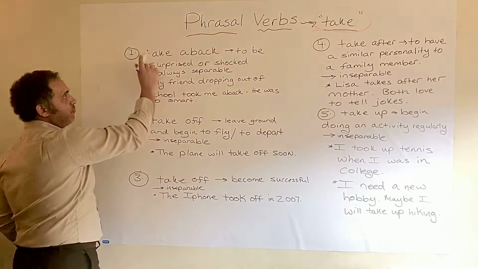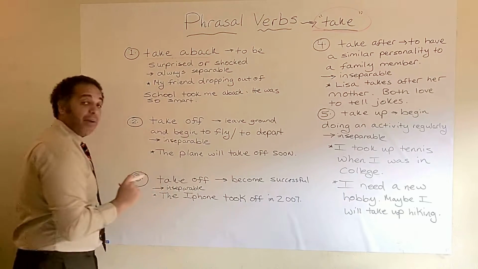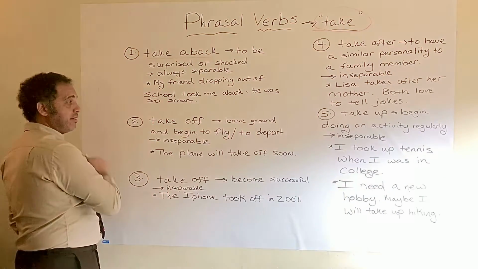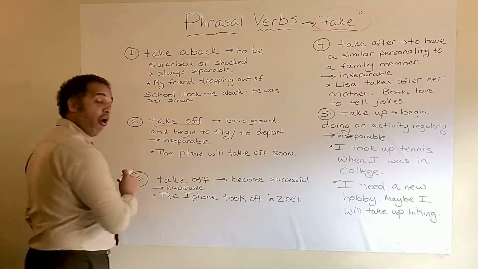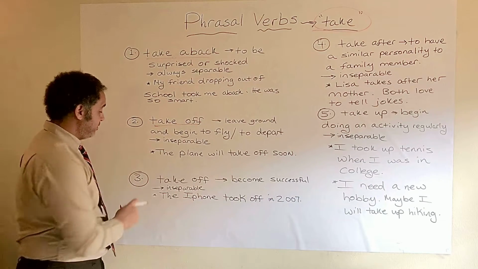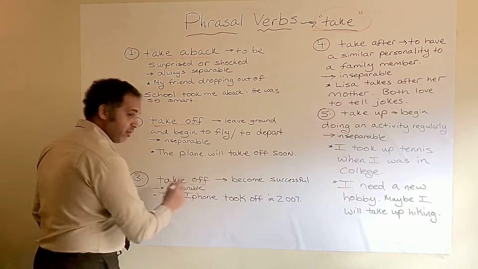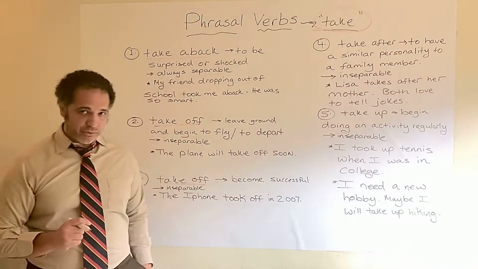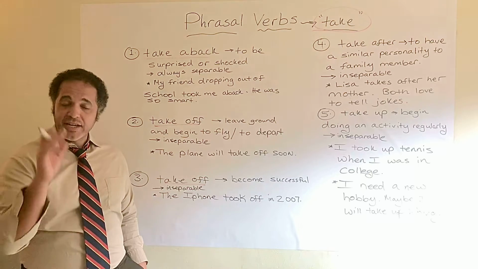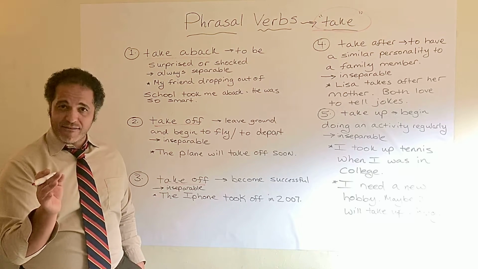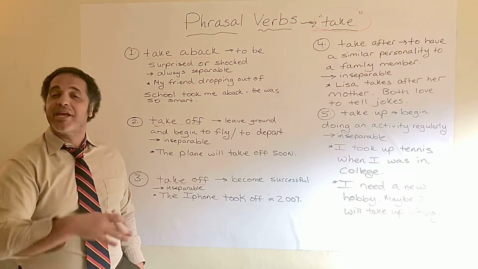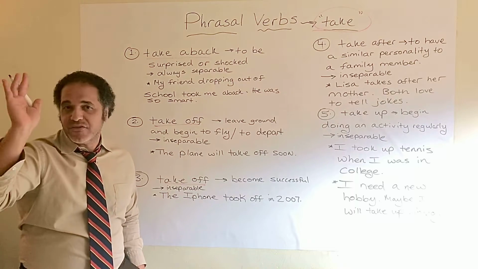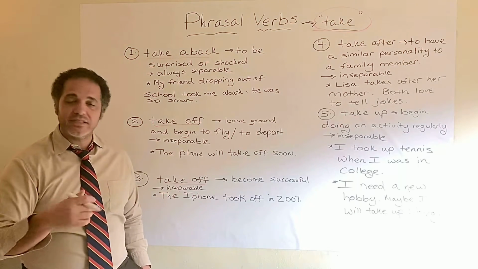Okay? So, the first one is take aback. Second one is take off. Third one is also take off. Keep in mind, another thing that makes phrasal verbs so tricky is the fact that you can have the same phrasal verb mean 3 different meanings or 4 different meanings.